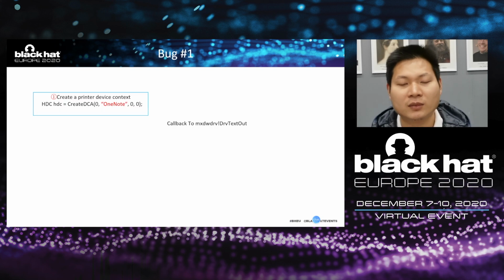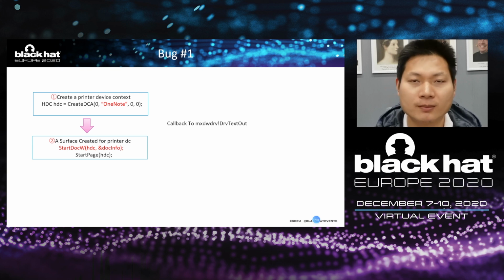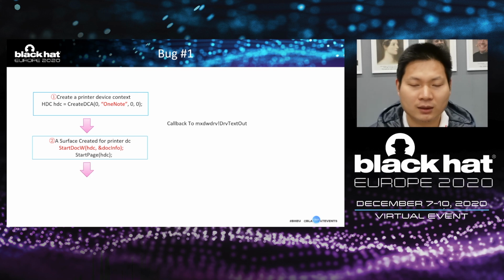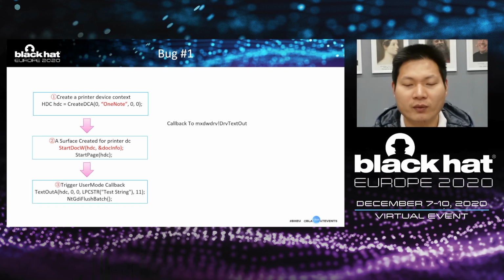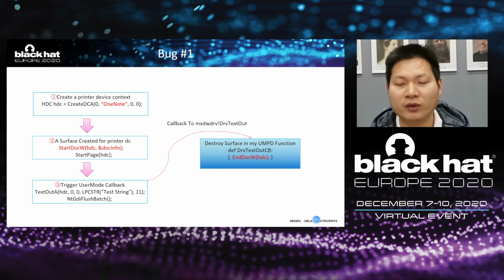First, we create a printer device context. After that, StartDoc will force the printer device context to create its surface. Then the TextOut function will trigger a UMPD callback to DrvTextOut. Now we just need to hook the DrvTextOut function in the NXDW driver.